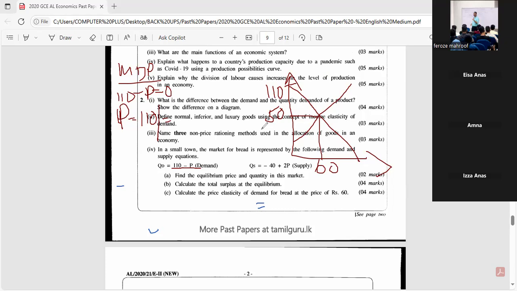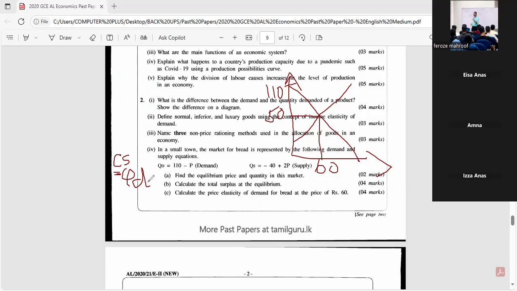Now, when I calculate consumer surplus, children, CS calculation, you must remember only one thing in your mind: Q into delta P over 2. But when you are writing answers in the exam, see this Q means QD.